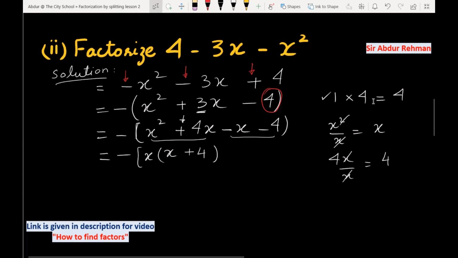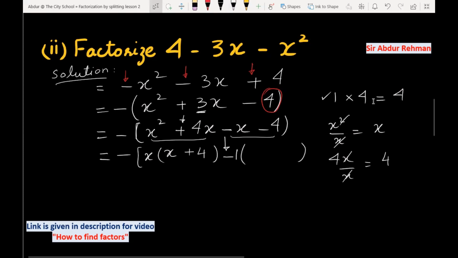Now in this second group, copy this sign first. Minus is copied. There is no common here. When there is no common, you can take 1 as a common. Minus 1 is common here.